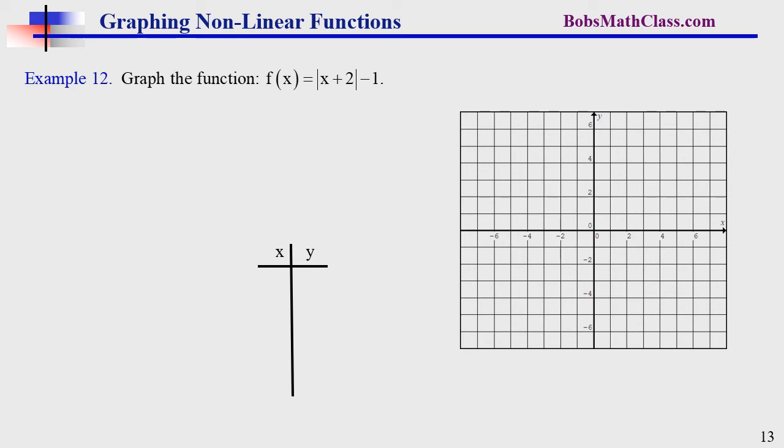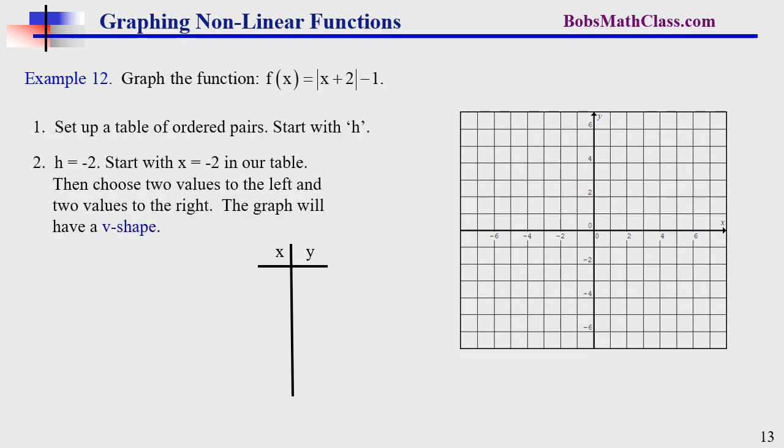What number plus 2 equals 0? Right, -2. So that's a number we're going to start with. And then 2 to the left, 2 to the right. So -2 I have there in the middle. What's to the left? -3, -4. What's to the right? -1 and 0. All right, pause.